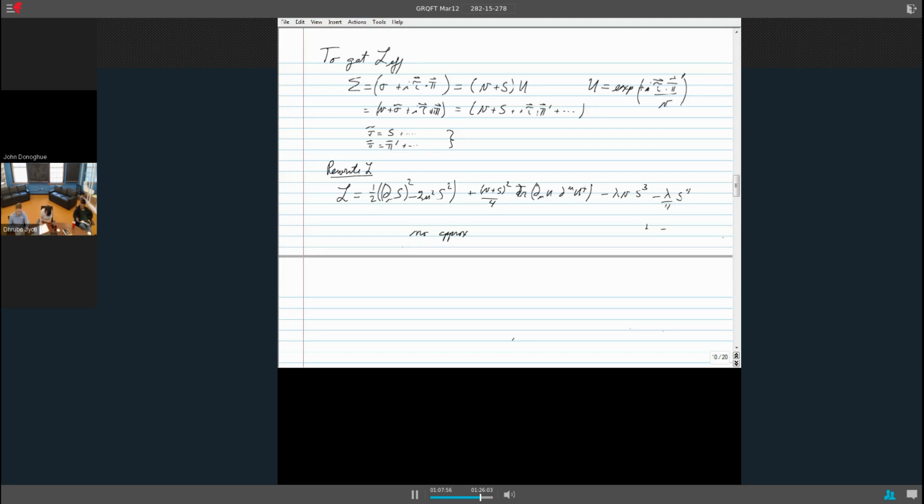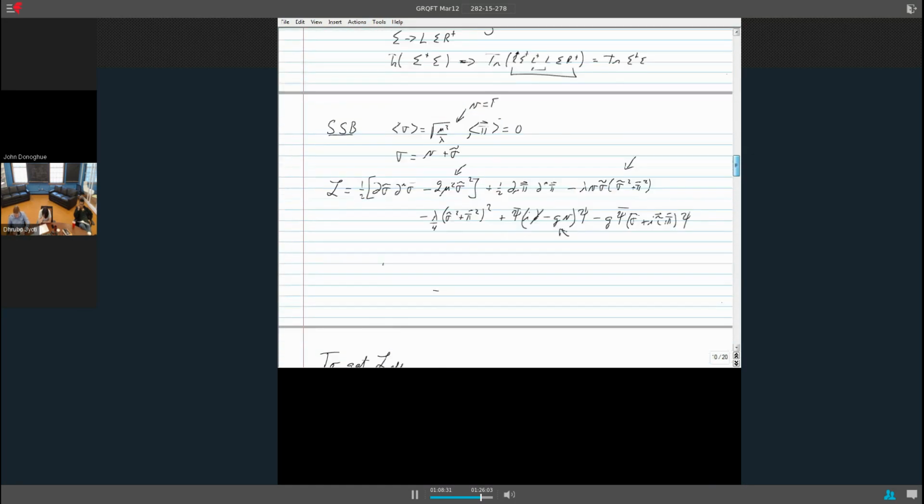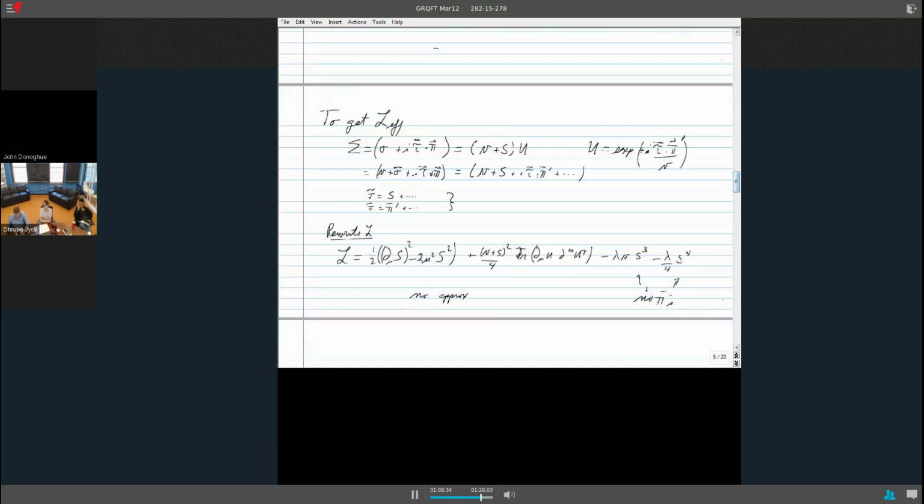So there's a case where the derivatives act on the S field only, and then the U dagger U's drop out. So I had (d mu S) squared from that. The things where it acts on the U's, I end up with (V plus S) over 4, squared, d mu trace d mu U dagger.